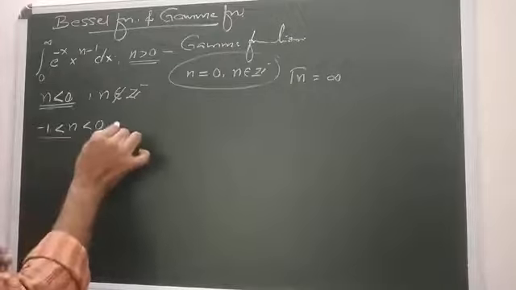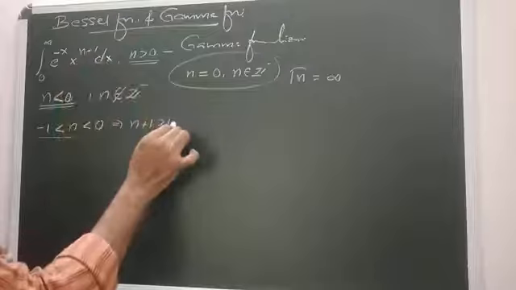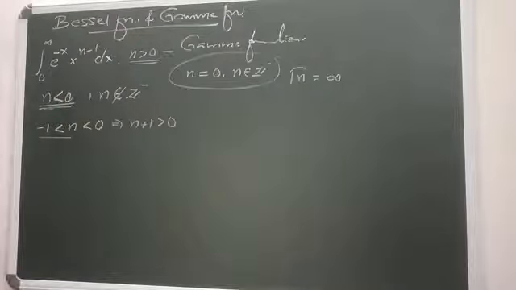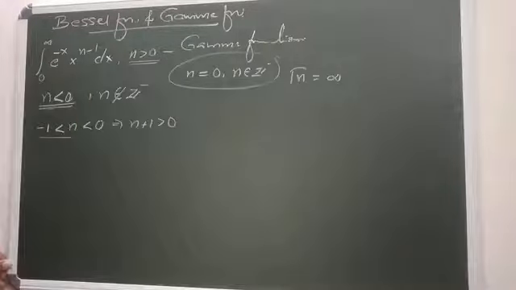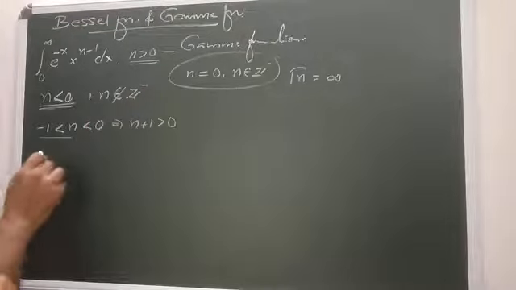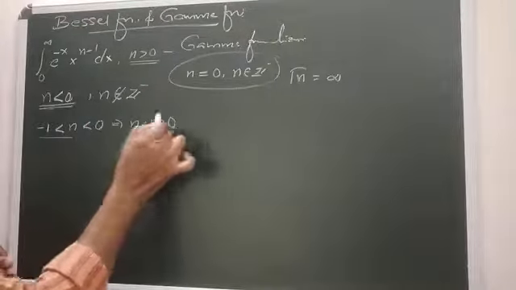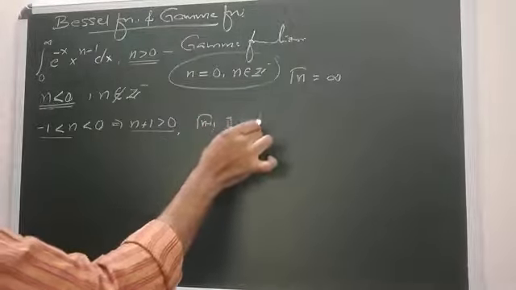Minus 1 less than n implies n plus 1 should be positive. We know that the definite integral for gamma converges only when the argument is greater than 0. Since n plus 1 is greater than 0, gamma of n plus 1 is well defined.